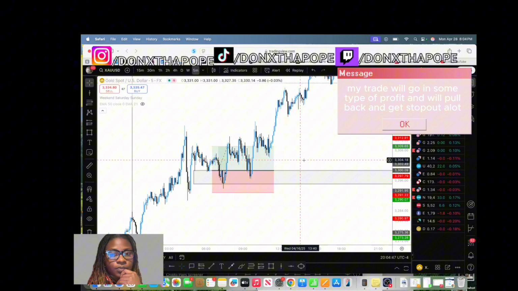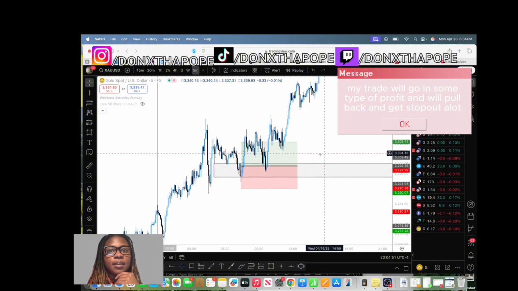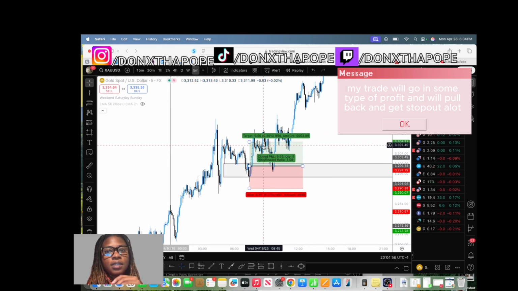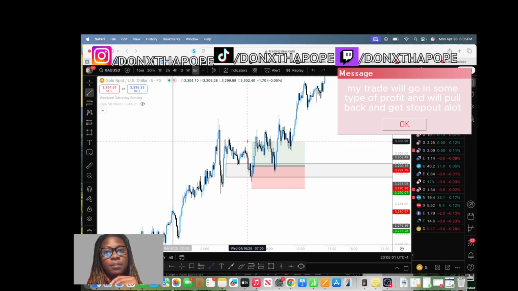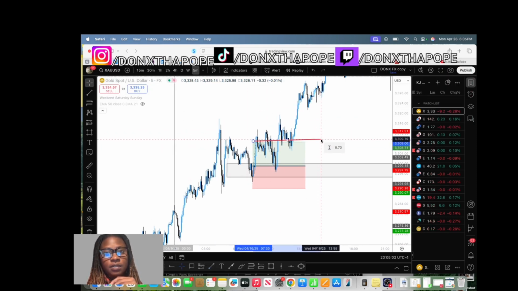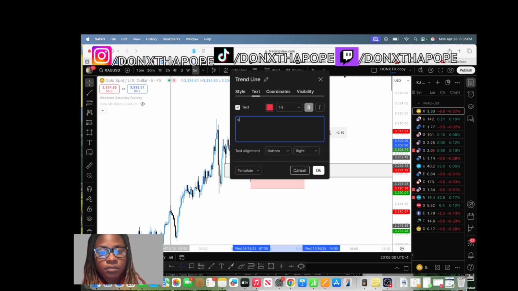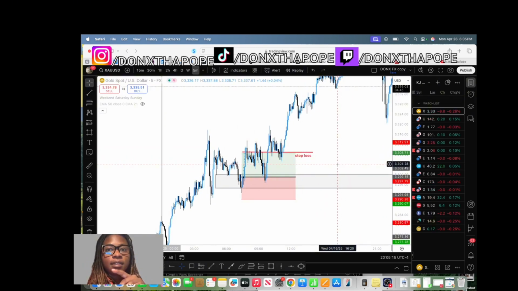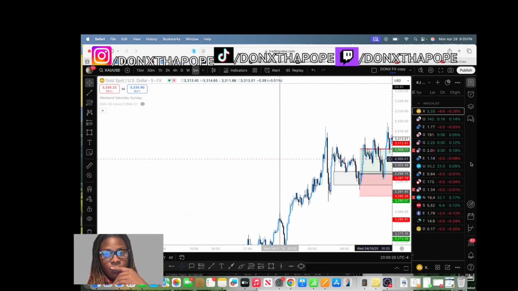So boom, this is the trade I was looking for. It came in, came out. I got into a buy. Boom, you see this 1% hit? The 1% hit is going to make me immediately put the stop loss at 1%. Right here.